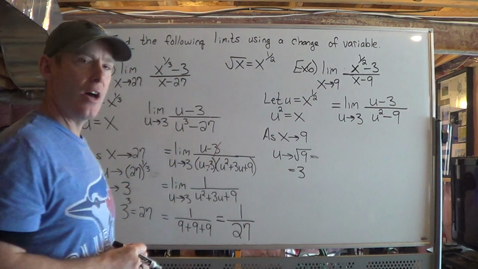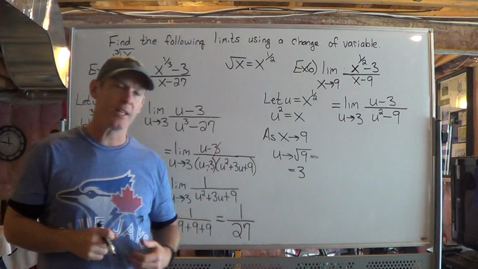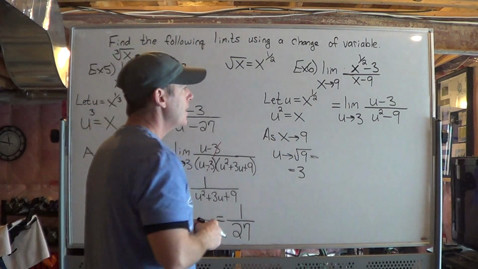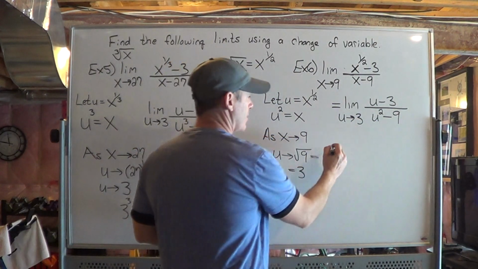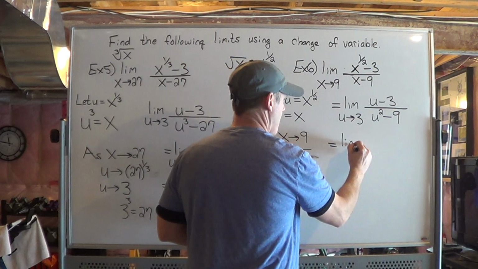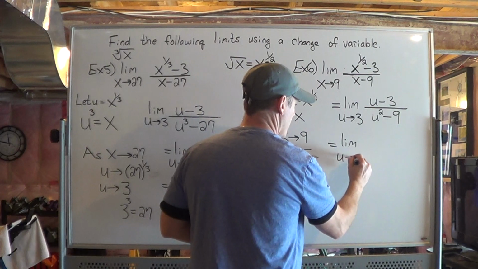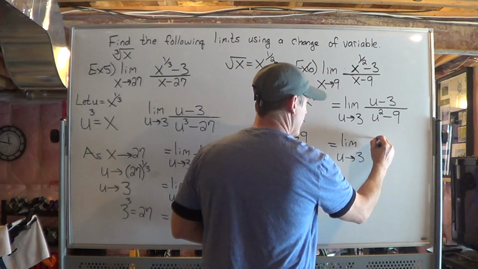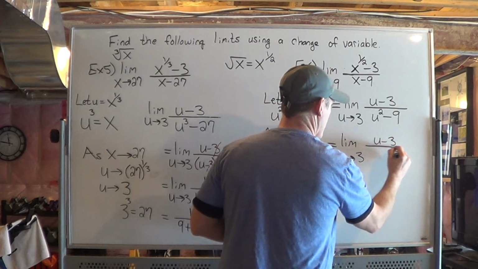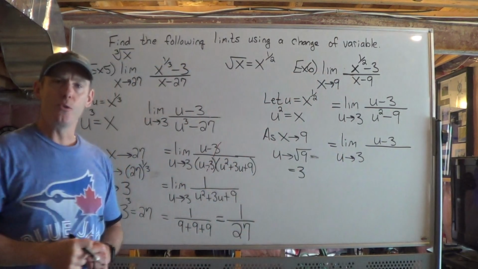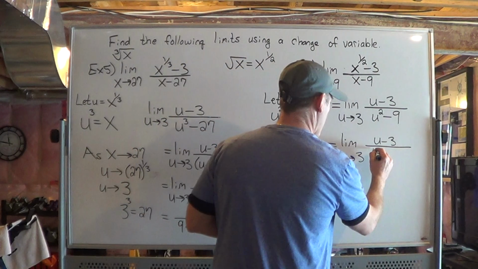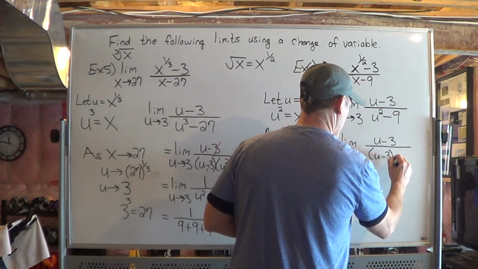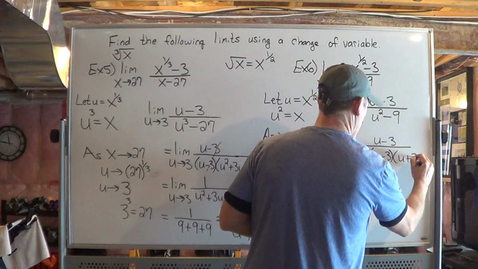Now that I have my change of variable, I have a chance of being able to factor things out. And in fact, I have a difference of squares this time in my denominator. So I have the limit as u approaches 3, u minus 3 in our numerator, that doesn't change. But u squared minus 9 I can write as a difference of squares, where we have u minus 3 times u plus 3.